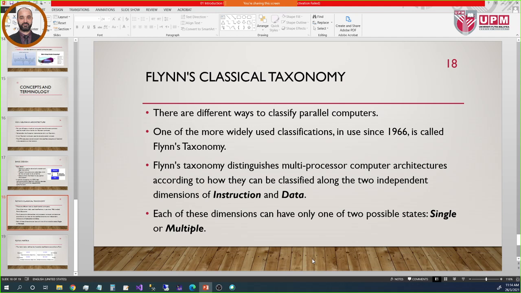So this Flynn's taxonomy was introduced in 1966, and it's still in use until this moment. So it's about 55 years.